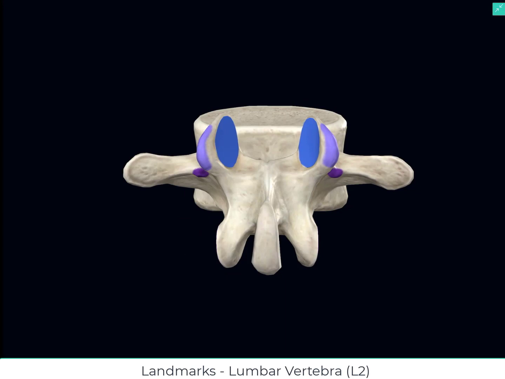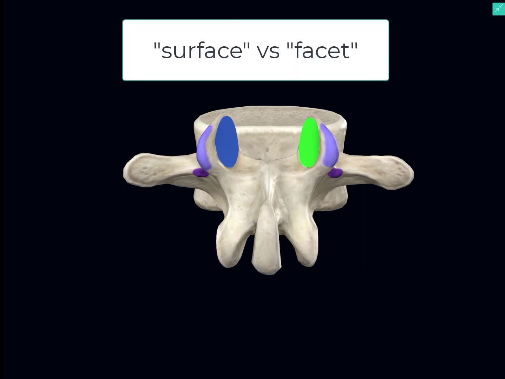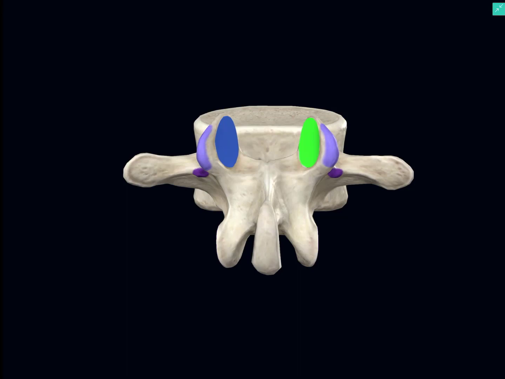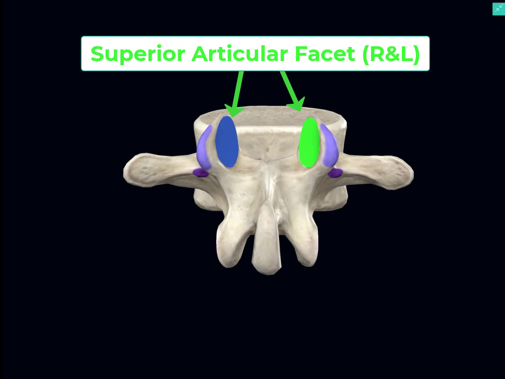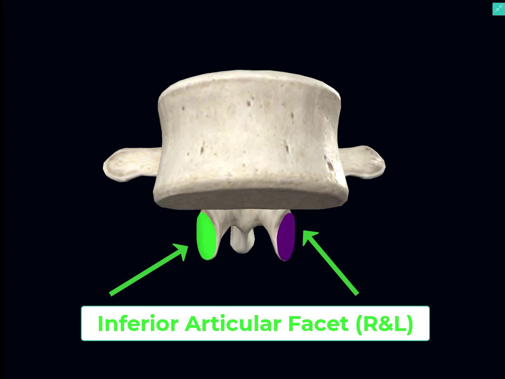But these surfaces are so tiny, we don't call them surfaces, we call them facets. In anatomical terminology, surface means a larger surface area, while facet means a smaller surface area. These two, we have left and right superior articular facets. Here anteriorly, it is observable that we have right and left inferior articular facets.